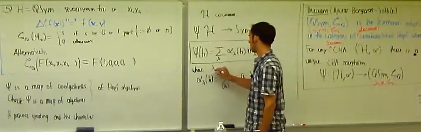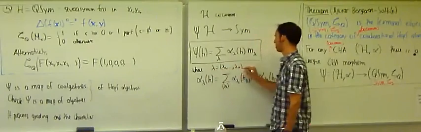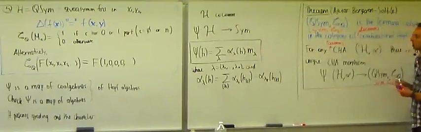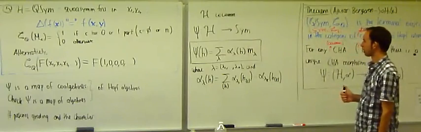So lambda here is lambda 1 up to lambda k. Okay.